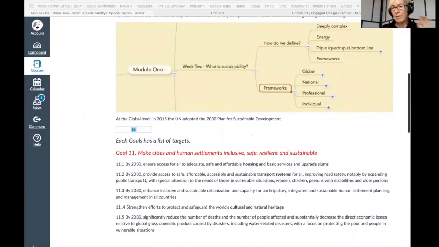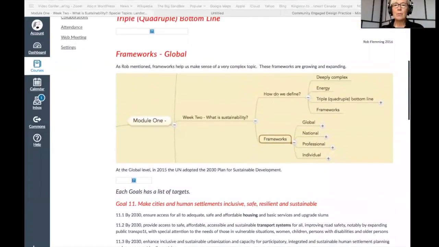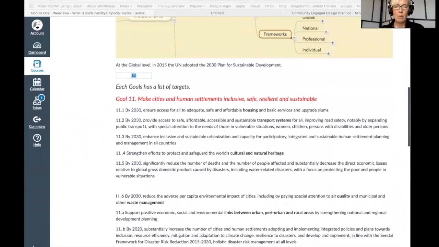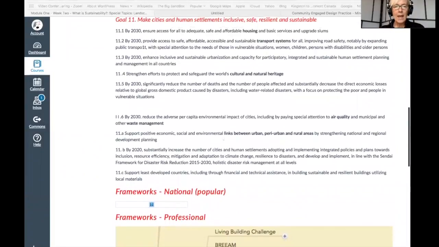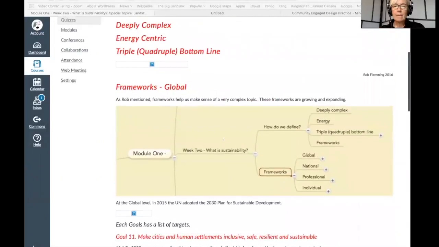Frameworks. So this will be one of the things where we really think about what we're trying to do with sustainability, this idea of our frameworks. We'll talk a little bit more about that in a second. Actually, we'll just talk about it right now.